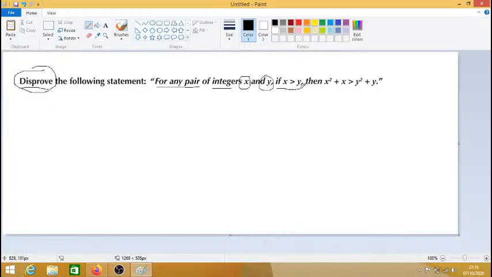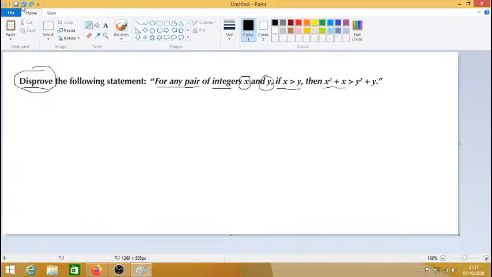If x is bigger than y, is it true that x squared plus x would be bigger than y squared plus y, i.e. the second number squared plus y?